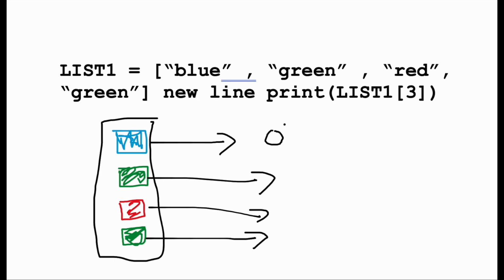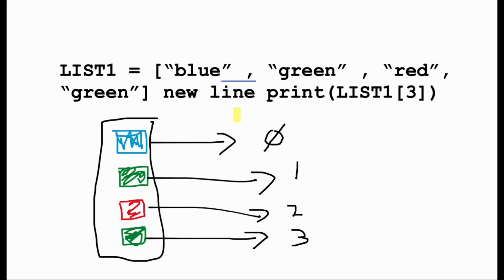So this is the 0 offset, and that's the 1, 2, and 3. This is how, when you say list 1 and indicate the third offset, it's able to return this green box.